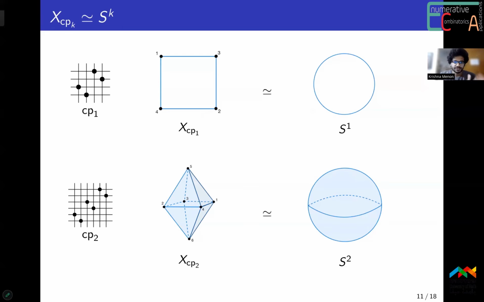Okay. So we have these permutations with this nice property. But what's interesting about them is these permutations are the only way in which you can construct spheres in this context.